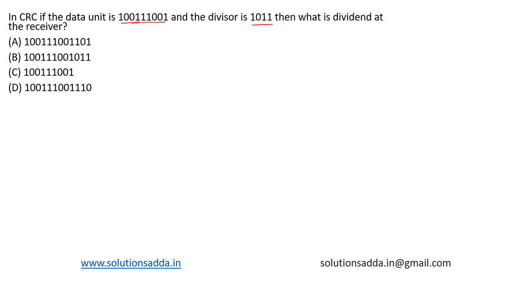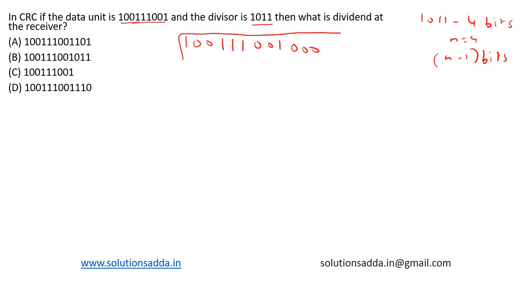So let's do the first step. The dividend is 100111001 and the divisor is 1011. It has 4 bits, so n is equal to 4. N minus 1 bits are appended as zeros. So 3 bits, 000, and we perform XOR operation.